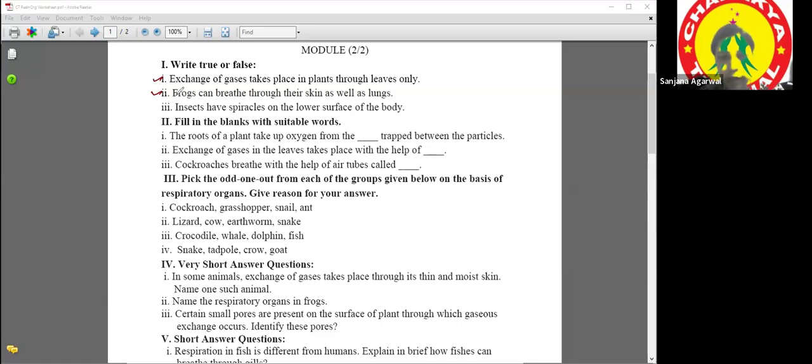Correct. Move to the second, fill in the blanks. The roots of a plant take up oxygen from the dash trapped between the particles. Fill the blanks, first part. Quickly. Okay.